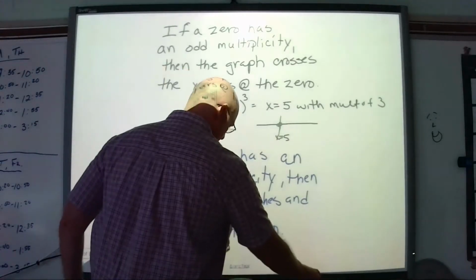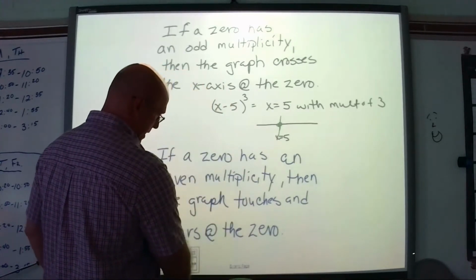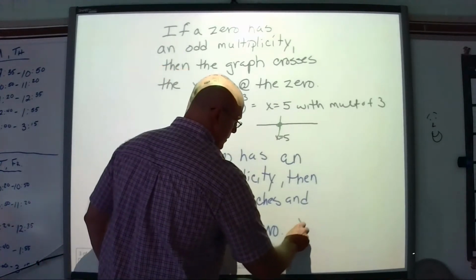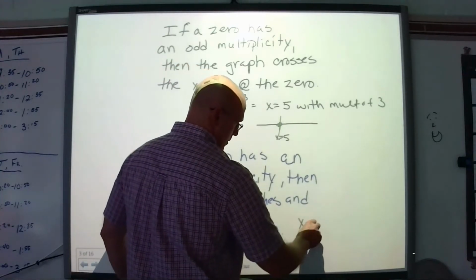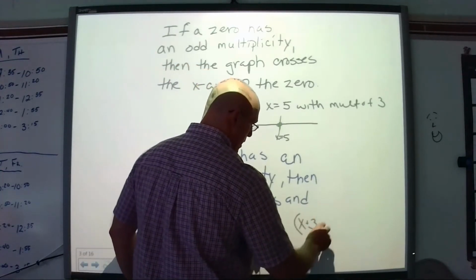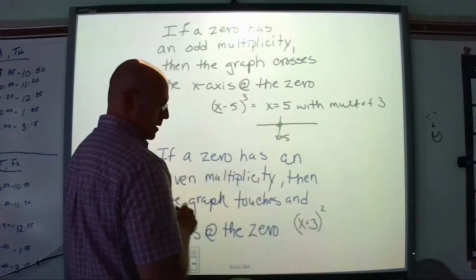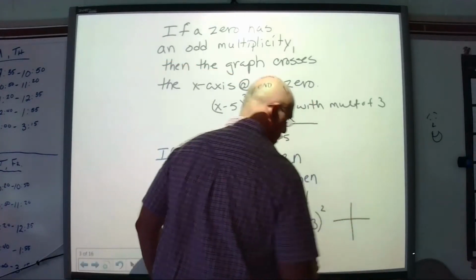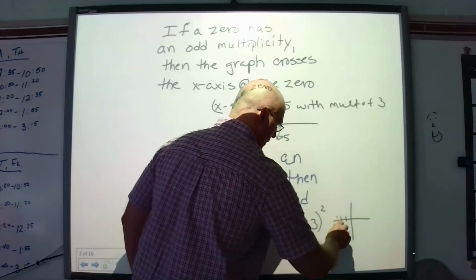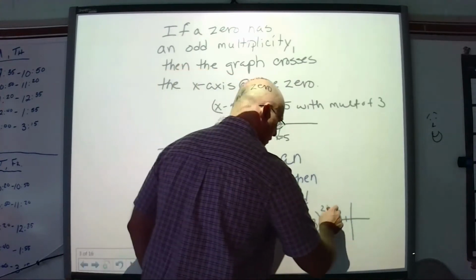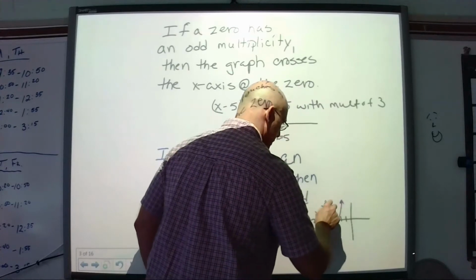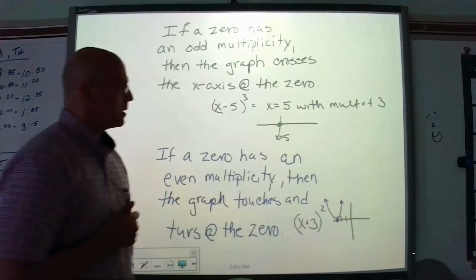So an example here could be something like this. If you had x plus 3 quantity squared, that would mean at negative 3 right here, this graph would do this, touch and turn.